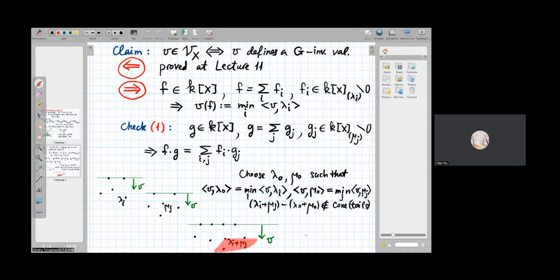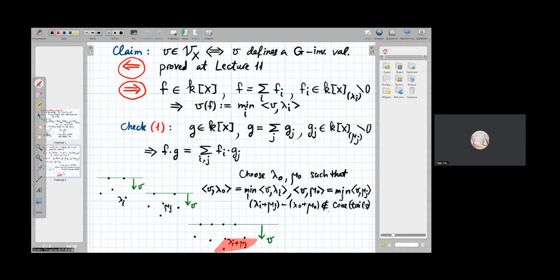I know. So you have to be a bit careful. It is a technical issue, but you have to be a bit careful here. But we get rid of this technical problem because this cone of tails is sharp, is pointed.